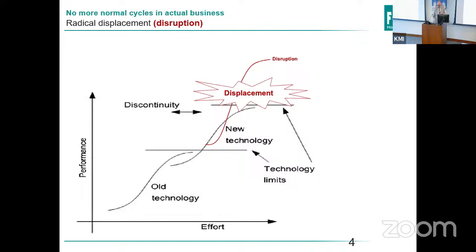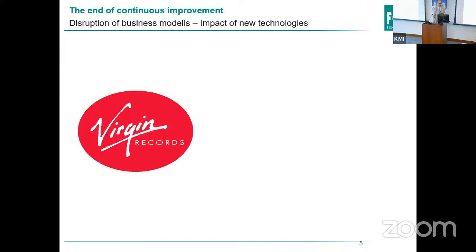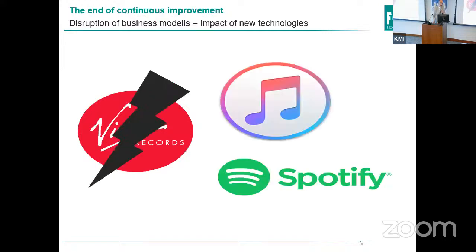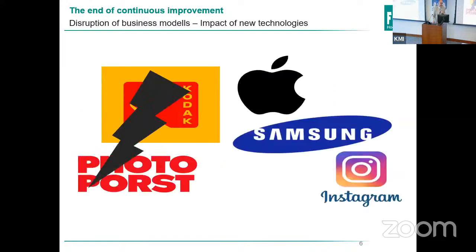So we can see some examples of a change of business concepts due to digitalization. In former times, we had normal records, and now we have Spotify and other things we can use if we want to hear some music. And the old CDs are gone. We have Kodak, we have normal pictures, we have the photo industry, and nobody has a camera with them.